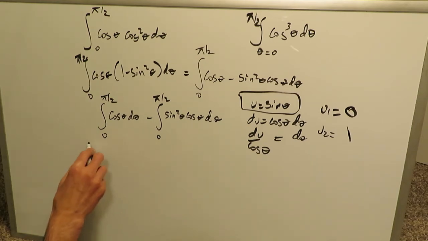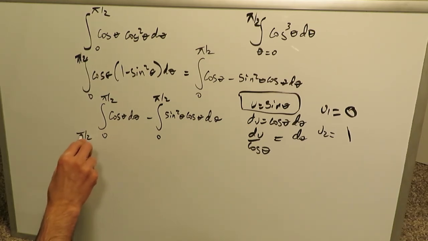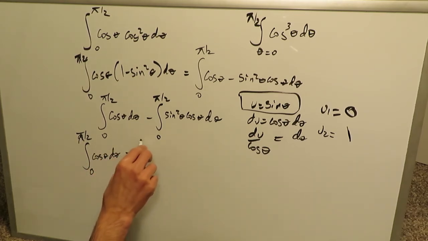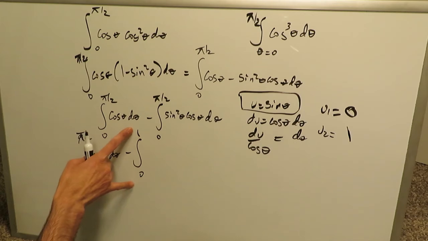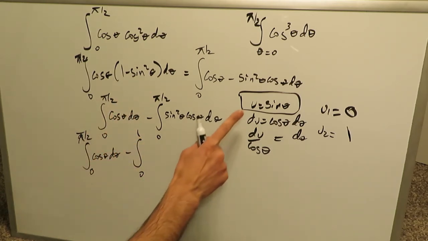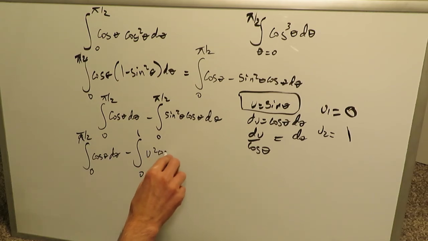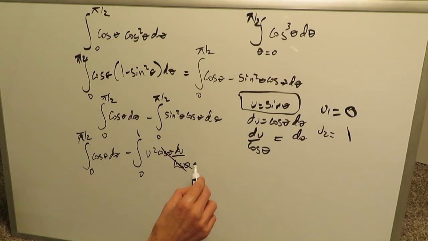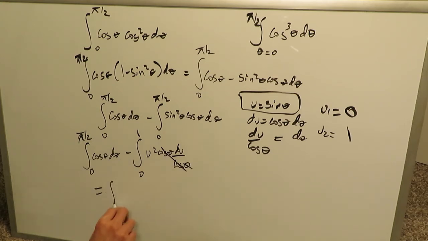Come back over here. We'll keep writing everything out until it's completion time. Pi over 2 to 0 cosine theta d theta minus 1 and 0, my new intervals. These were theta 1, theta 2, this is u1, u2. We'll have u squared cosine theta du over cosine theta. These will cancel out. What do we end up having?